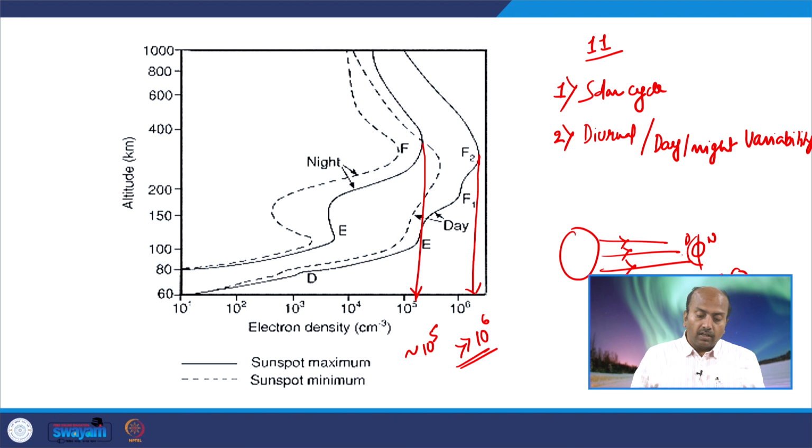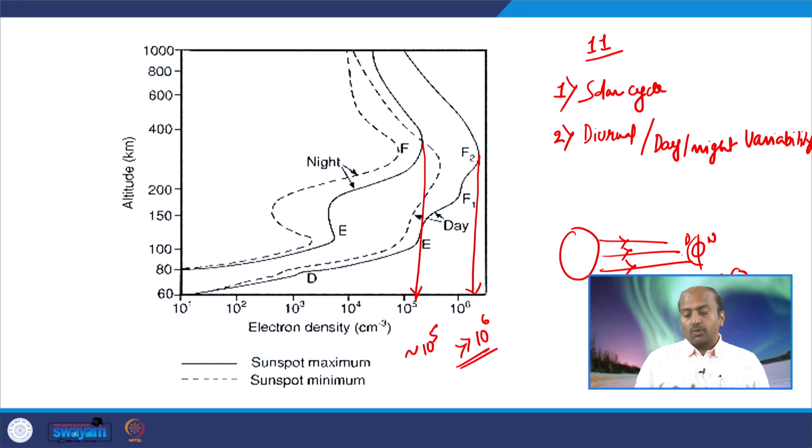But you must be wondering, if during the night time there is no sunlight, of course there is no sunlight because this is the night, and we know it for a fact that the ionosphere is created by solar radiation, or when solar radiation ionizes the atmospheric species, ionization results in the formation of the ionosphere.